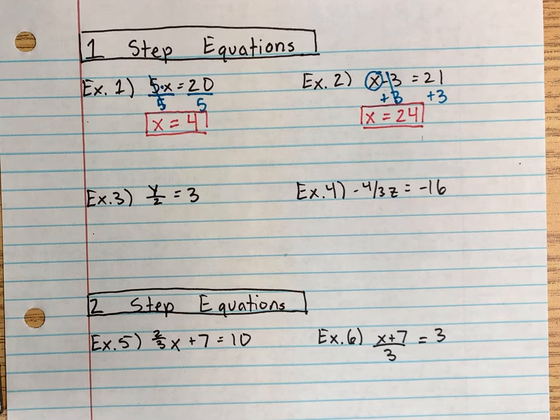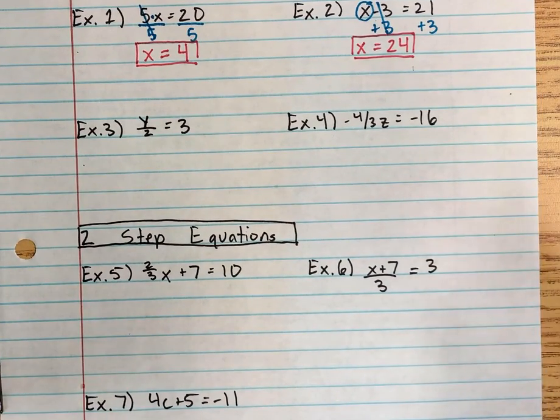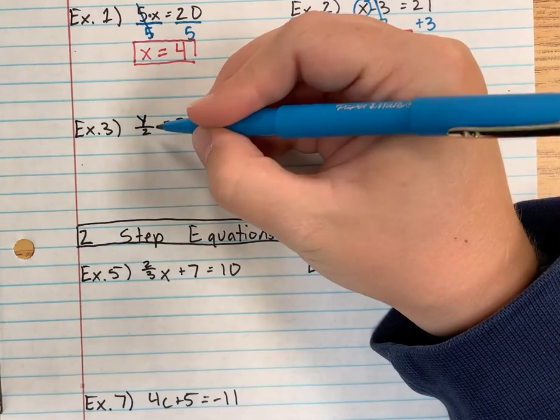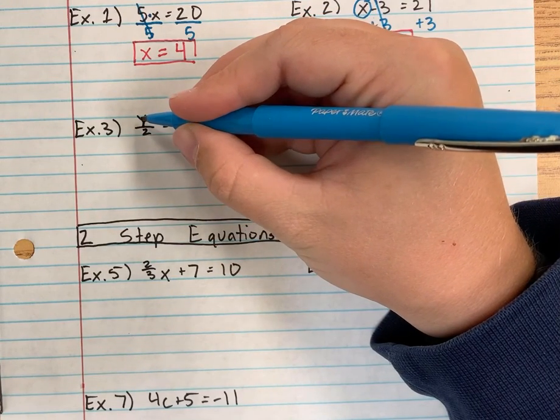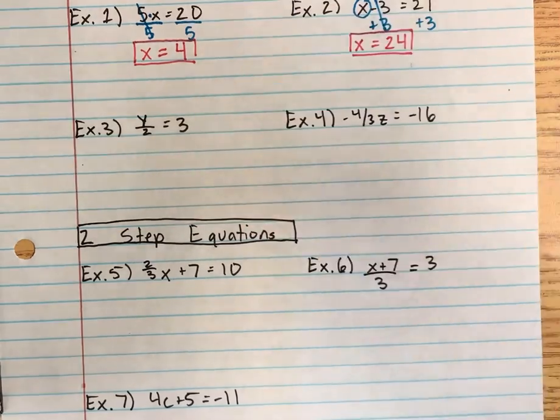This should look very familiar because you definitely should have done this before in your past 8th grade pre-algebra class. Now let's look at example 3. For example 3, we have y divided by 2. When we have something like y over 2, if it looks like a fraction, remember that just means divide.